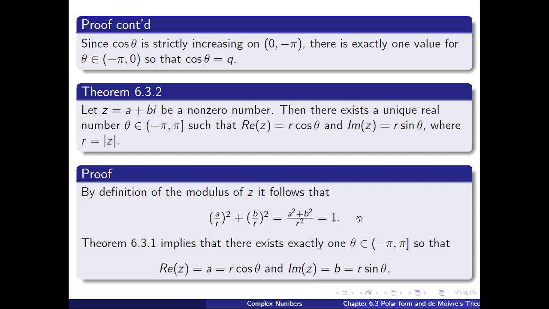So therefore we get 1. Now, applying the theorem that we just proved, this implies that there exists exactly one theta in the interval open minus pi and closed pi, so that the real part, which is a, is equal to r cos theta, and the imaginary part, which is b, is equal to r sine theta. So this will be a over r is equal to cos theta, and b over r is equal to sine theta, and then we can write it like that.